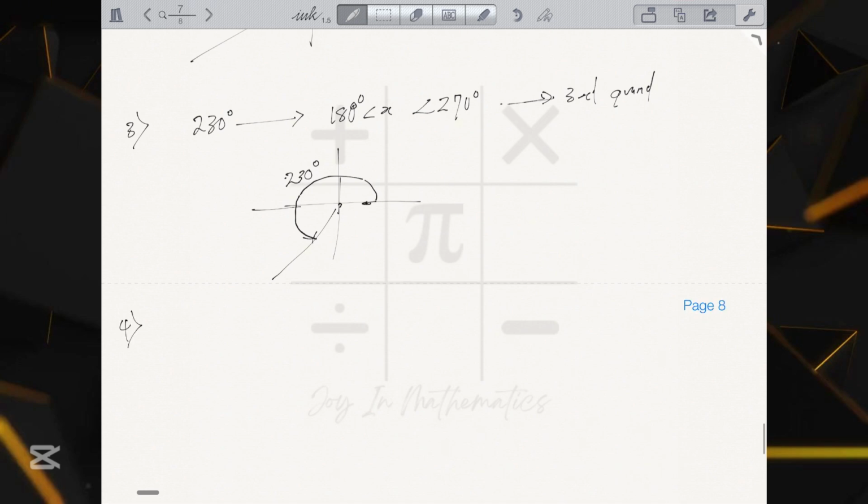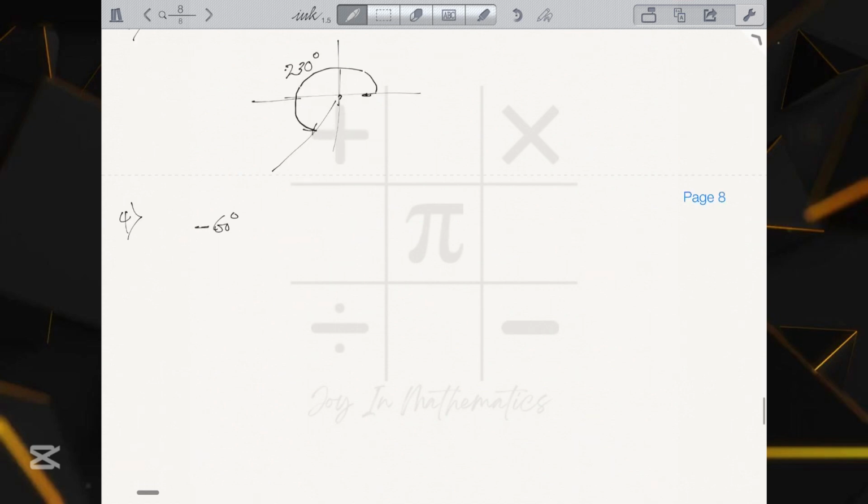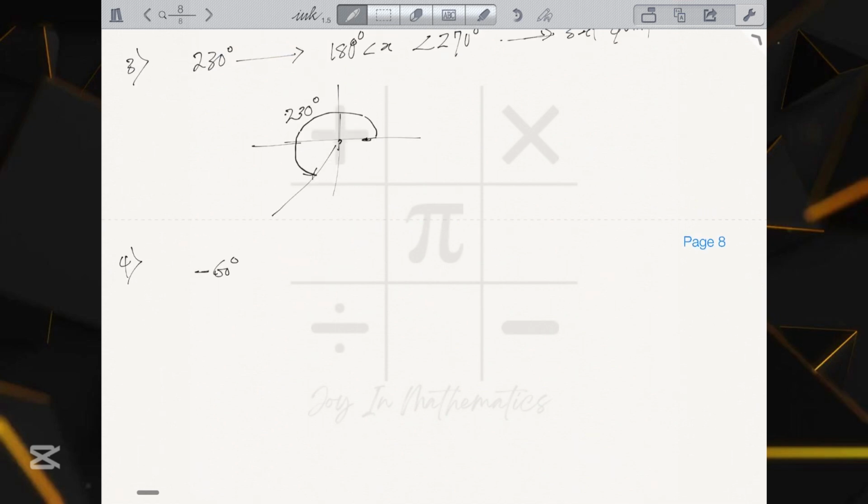Let's take a question using negative angles. Let's assume we have minus 60 degrees. We understand that positive angles go in the anti-clockwise direction, and negative angles go in the clockwise direction.